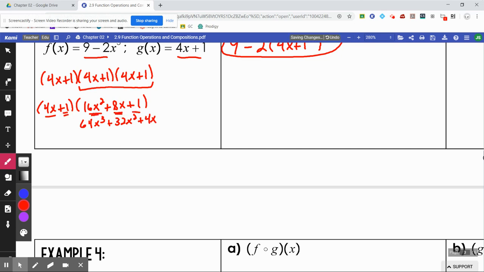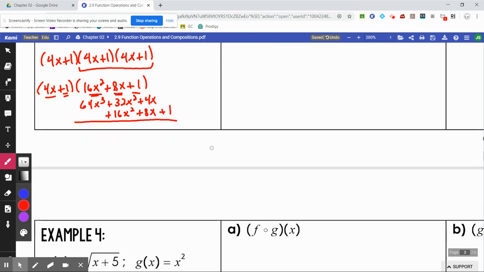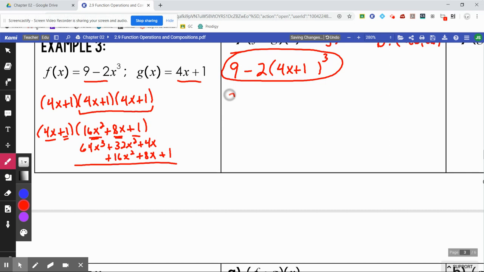And again, I like to do this. When I do 1 times 16x squared, sometimes I'll just line it up right here below. The reason I do that is because then it lines all my like terms up. So that would give me a final answer of 9 minus 2 parentheses, 4x plus 1 to the third, which is 64x to the third plus 48x to the second plus 12x plus 1.